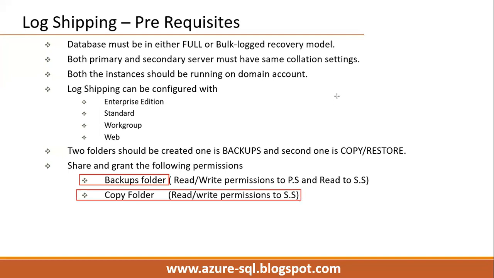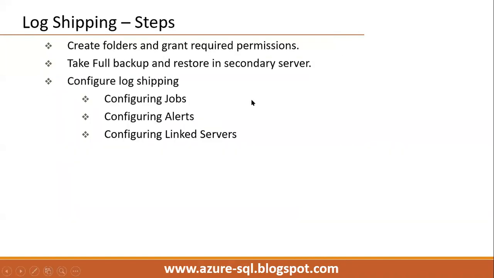Let's start with the configuration. Check here what the steps are to start the configuration. Generally we have to create two folders and grant the permissions. Then we take a first-time full backup and restore it, then configure log shipping.